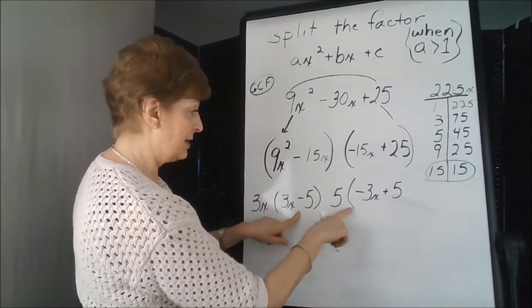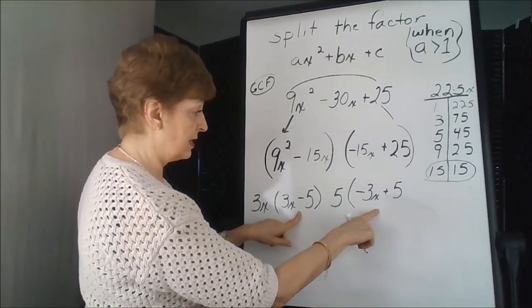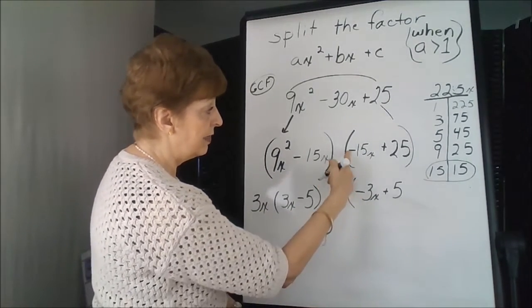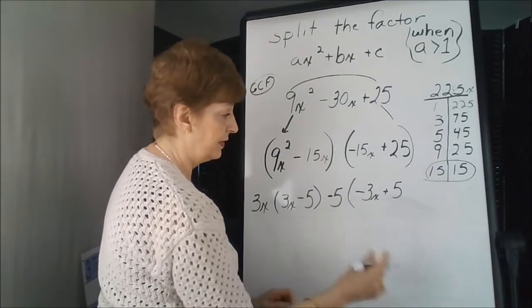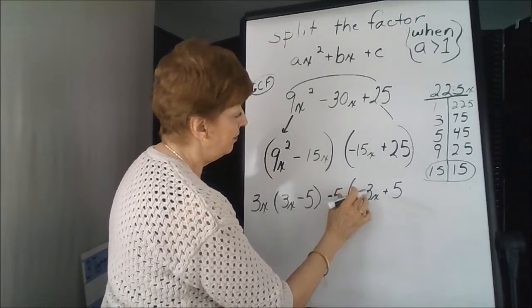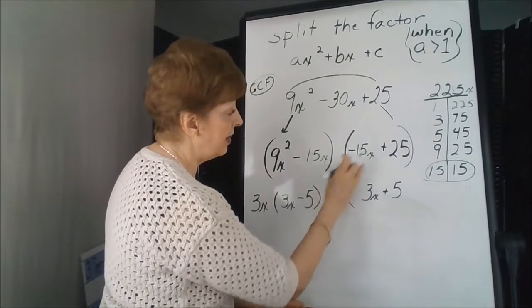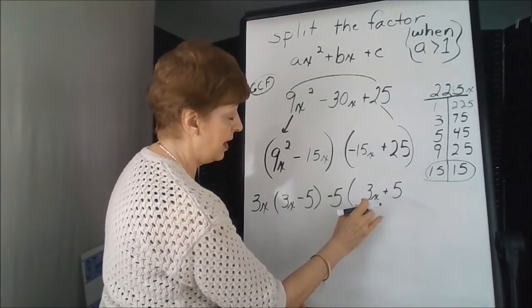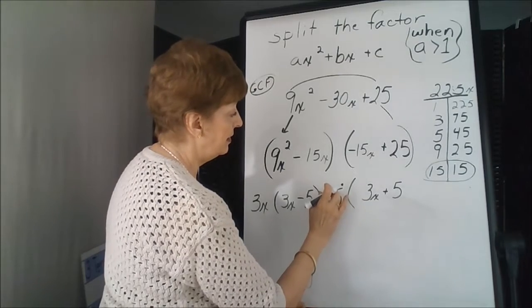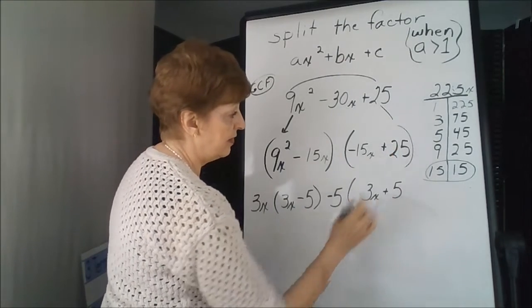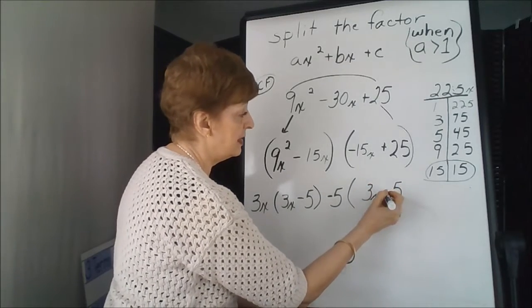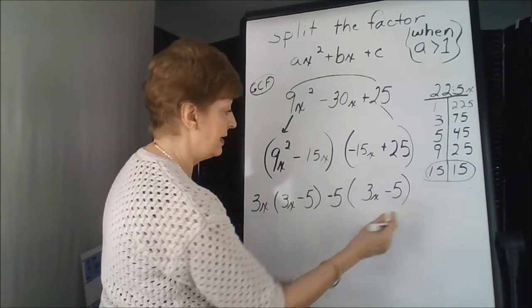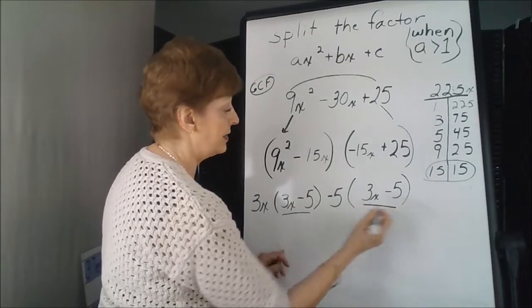But my signs are wrong. The numbers are correct, but the signs are wrong. That tells me that I should have taken out a negative 5. And when I do that, negative 5 goes into 15 3 times, and negative 5 divides into 25 5 times, but the signs tell me it's a negative 5. Now, these match.